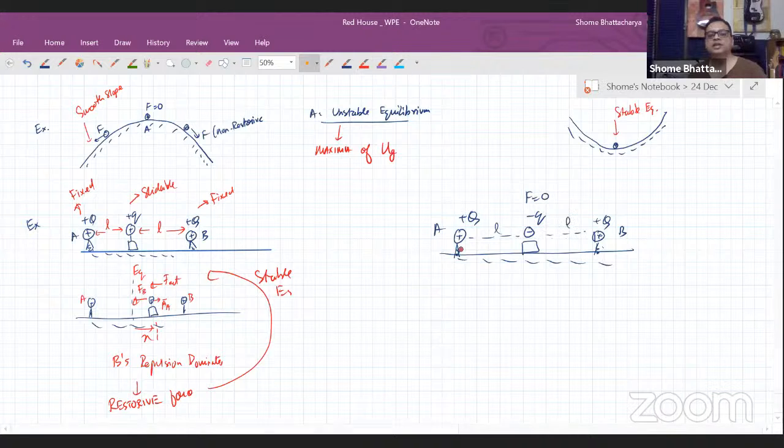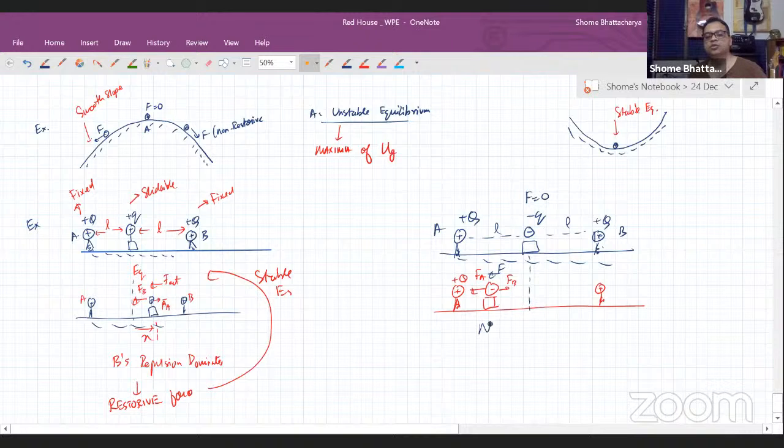But now when I bring it to either side, for example, if I bring it to this side, this attractive force of A will dominate over the attractive force of B from the other side. So what will happen now? The net force will be pointing in this direction, away from equilibrium. So you can see that this is non-restorative. So just changing the sign of the charge on the middle one from plus to minus will make this an unstable equilibrium point.